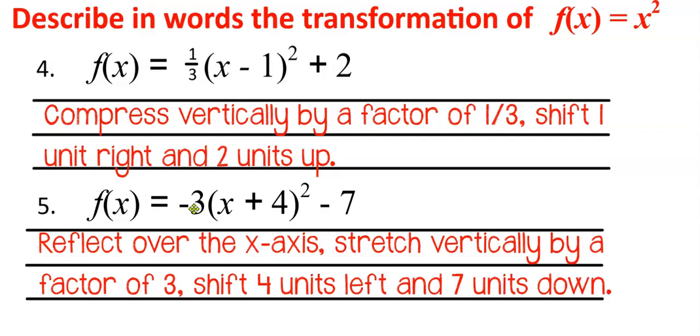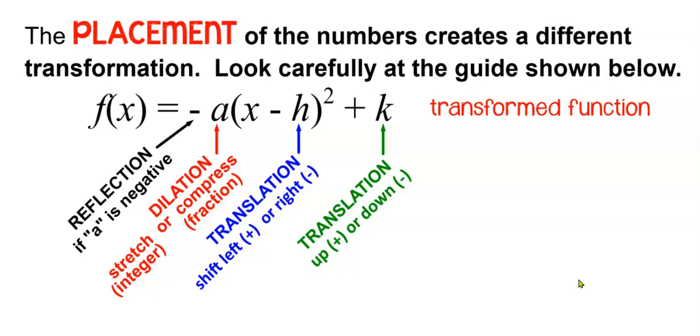The 3 is a dilation, a stretching vertically by a factor of 3. The 4 is a transformation of translation, or shifting 4 units left and 7 units down. So don't forget to look carefully at where the placement of the numbers are in the grouping symbols. That will tell you how a function is transformed.